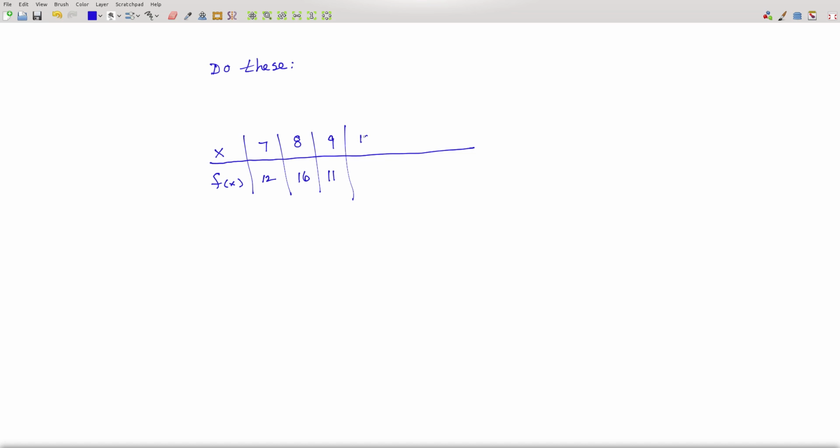When x is 10, f of x is 13. When x is 11, f of x is 7. And when x is 12, f of x is 4. Use this table to estimate the derivative of the inverse of f of x evaluated at x equals 11.